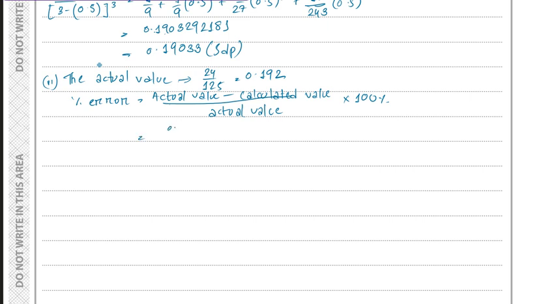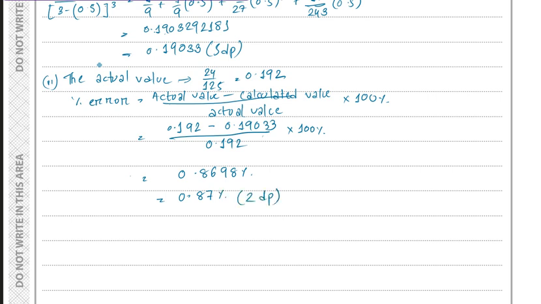The actual value we know is 0.192 minus the calculated value we got from part B, which was 0.19033, divided by the actual value, which is 0.192, into 100%. So the percentage here is 0.8698%, or you can say 0.87% to 2 decimal places.